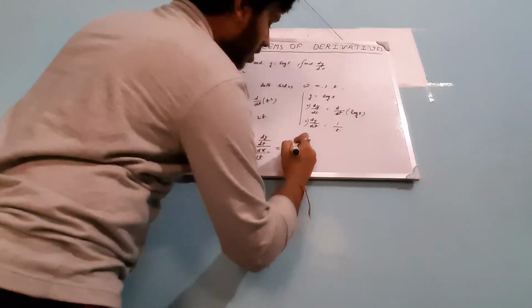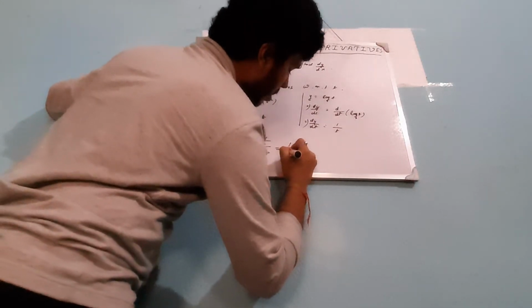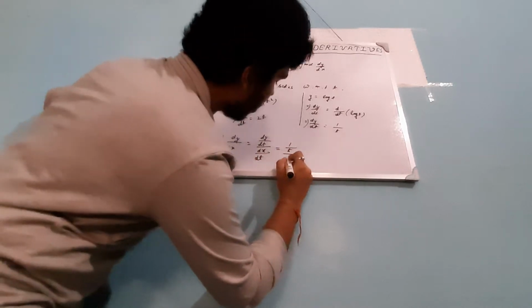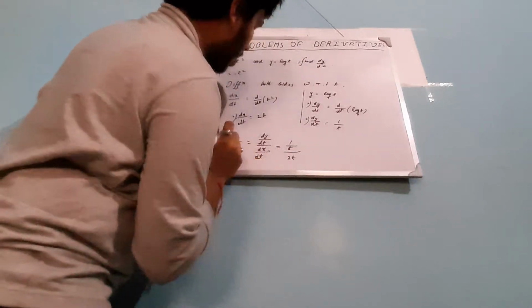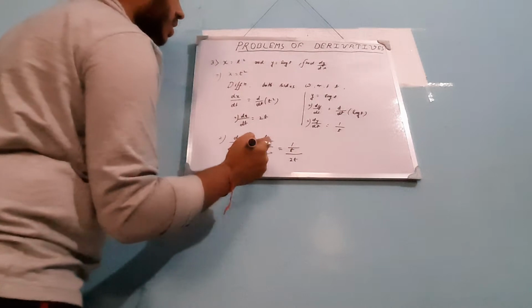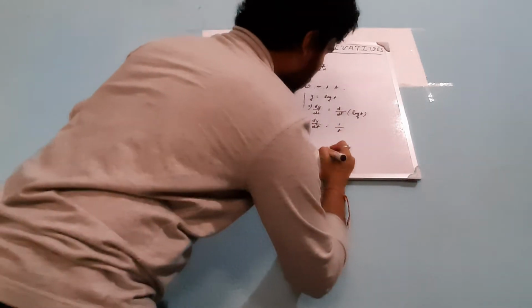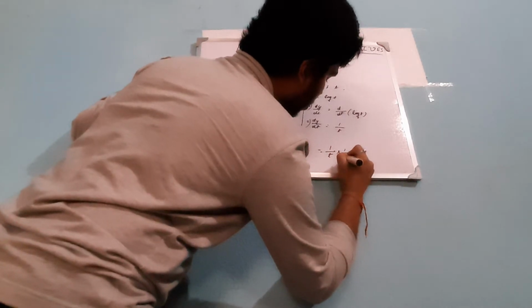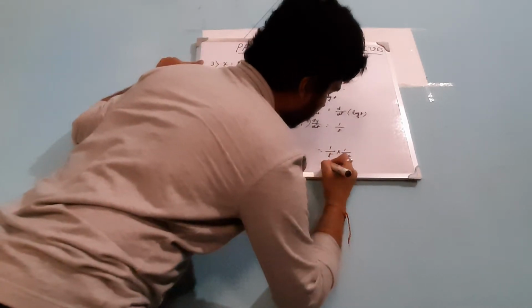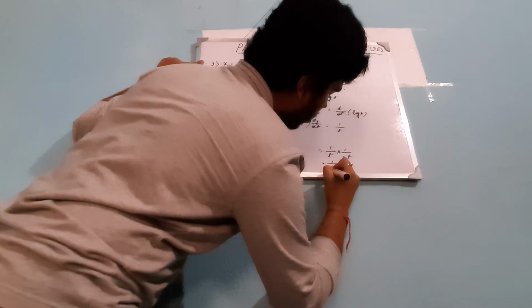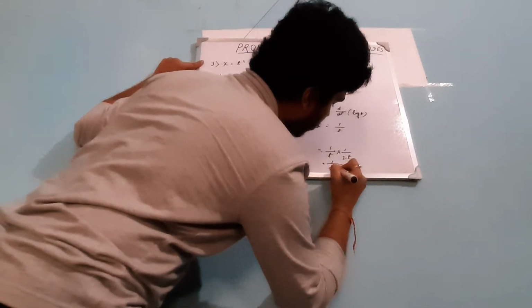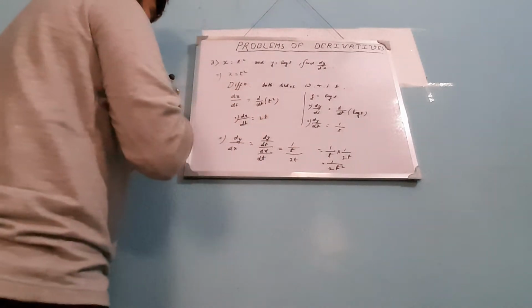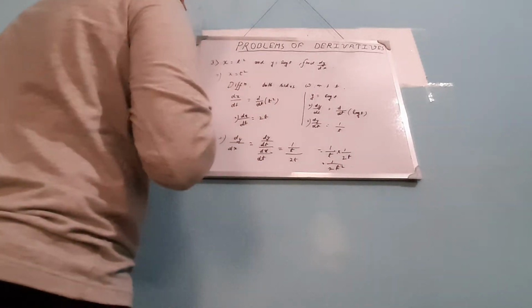So dy by dt is 1 by t, and dx by dt is 2t. So dy by dx, dt cancels, and this will be 1 by t into 1 by 2t. So this will be 1 by 2t square. This is the answer. You please note down. You please note this problem, friends.